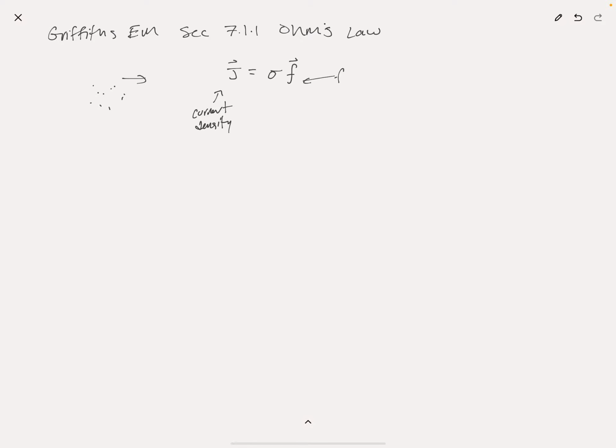This is the force per charge, and this is the conductivity. Okay, this is a material property, this is not the charge density. Okay, we're running out of Greek letters. This is the conductivity of the material.